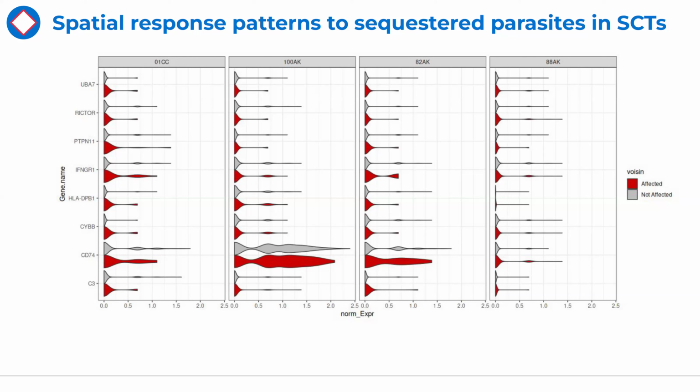Some of them seem to be related to the recruitment of immune cells, but there are just a few of them, so we're not sure if that is a statistical signal yet, if that is really relevant, or if it's just by chance.